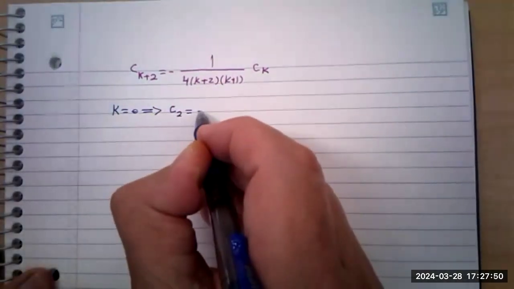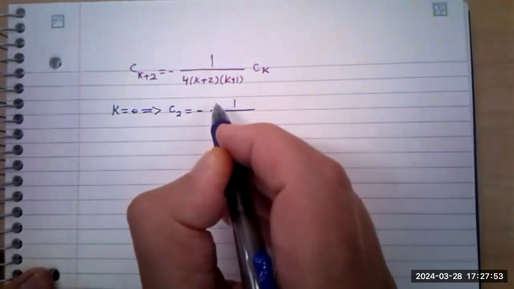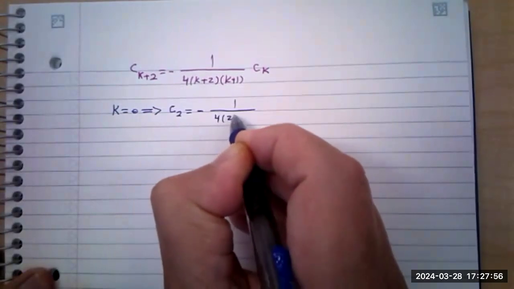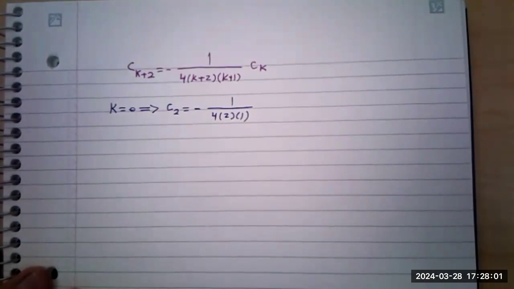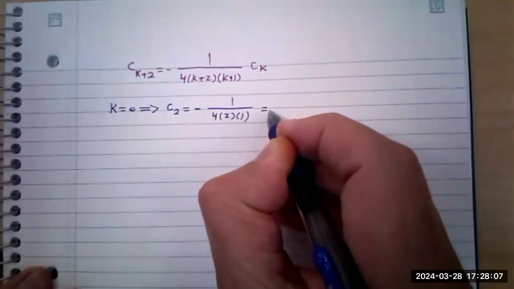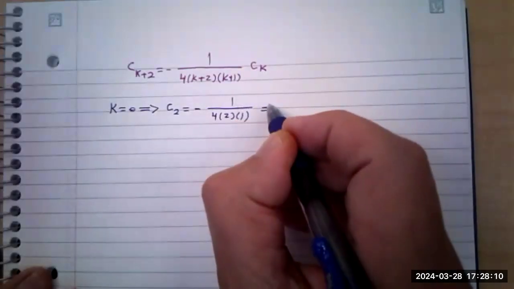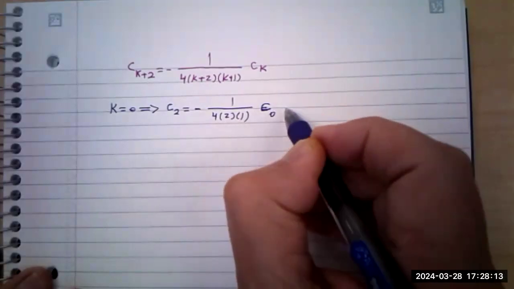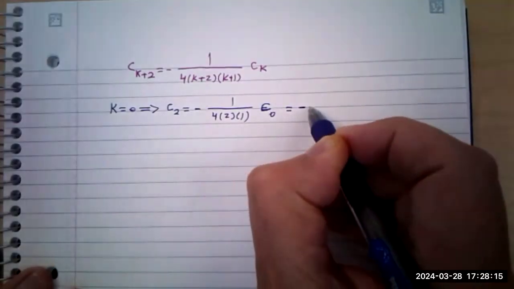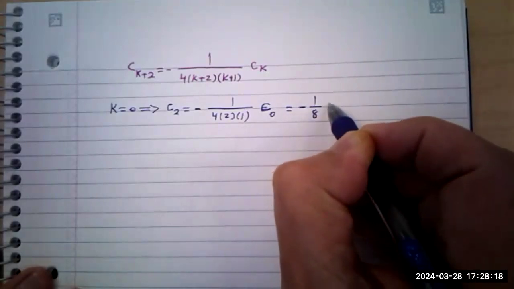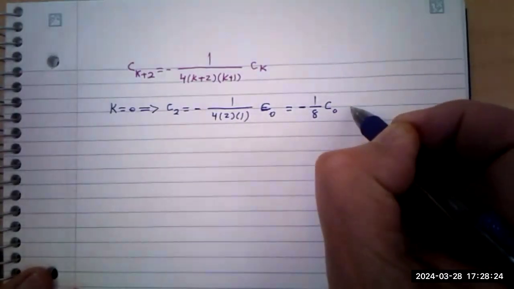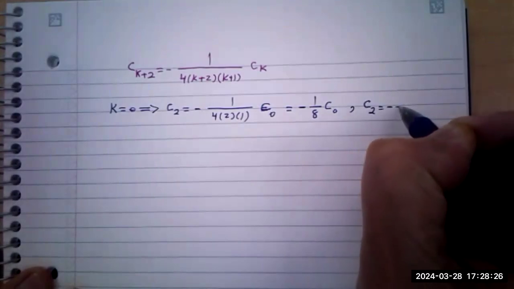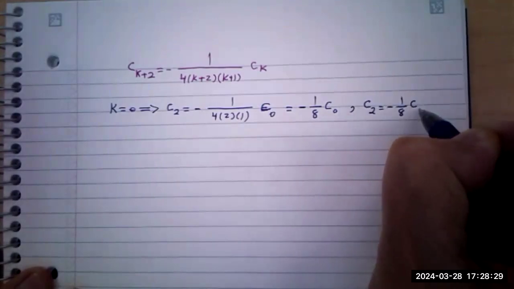Now down at the bottom it's going to be negative. If you replace k by 0, that gives you 4 times 2 times 1, which is 8, times c_0. So this is going to be negative 1/8 c_0. So c_2 is going to be negative 1/8 c_0.